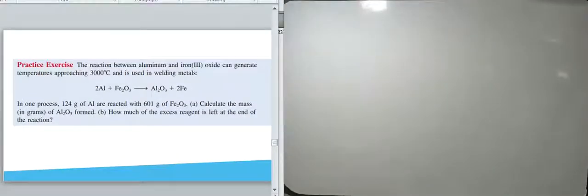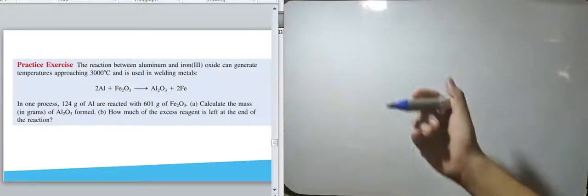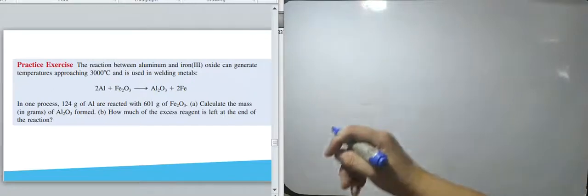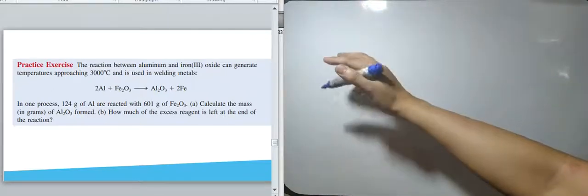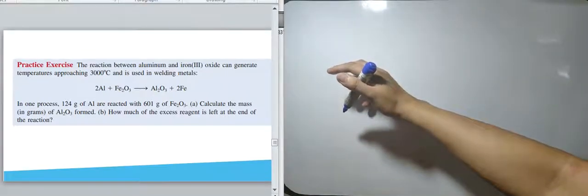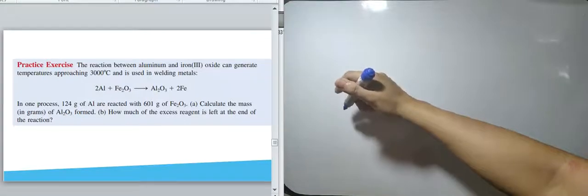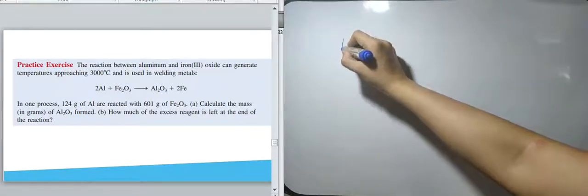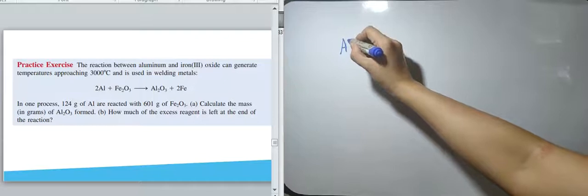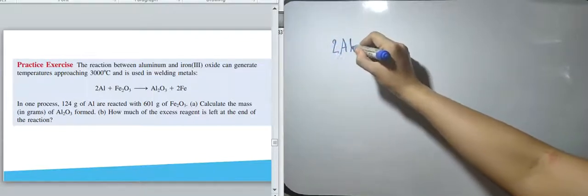Okay, so we have another example. The reaction between aluminum and iron(III) oxide can generate temperatures approaching 3000 degrees Celsius and is used in welding metals. In one process, 124 grams of Al are reacted with 601 grams of ferric oxide. So let's first write the equation.